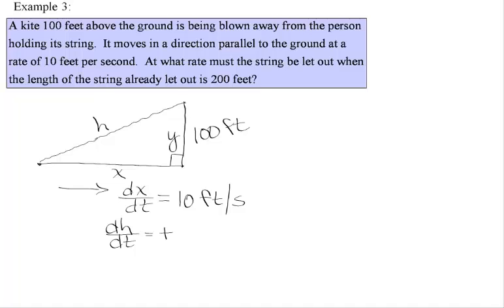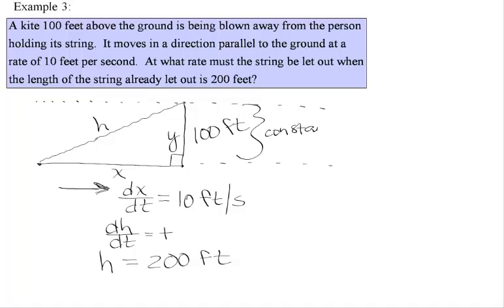When the length of the string already let out is 200 feet, and the kite is moving parallel to the ground, in other words, the vertical distance never changes. This is a constant value. Therefore, dy/dt would be 0.